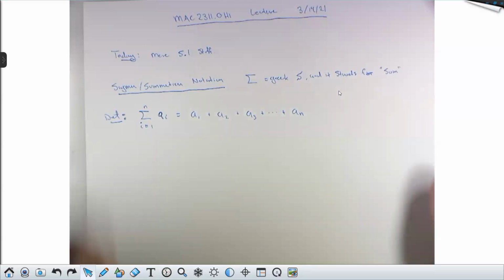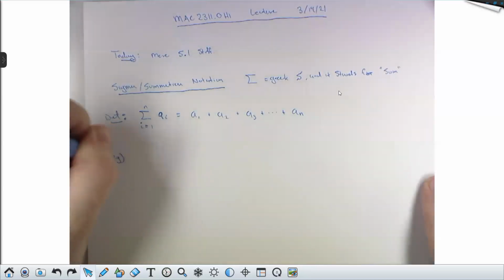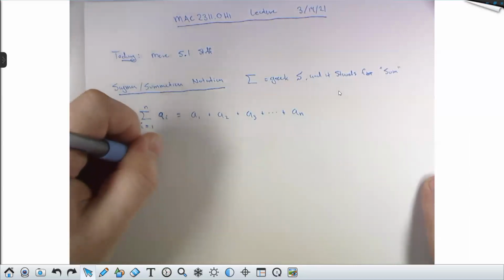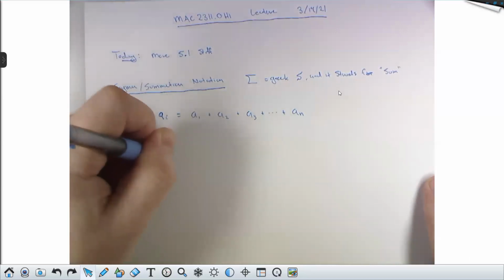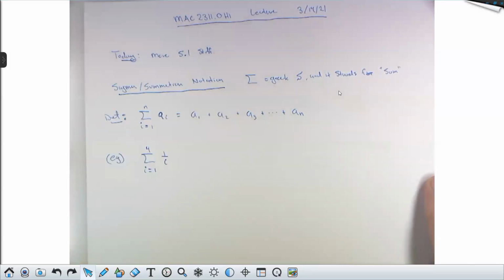So we'll start simple. For example, if I give you sigma i from 1 to 4 of 1 over i, how would you expand that out?